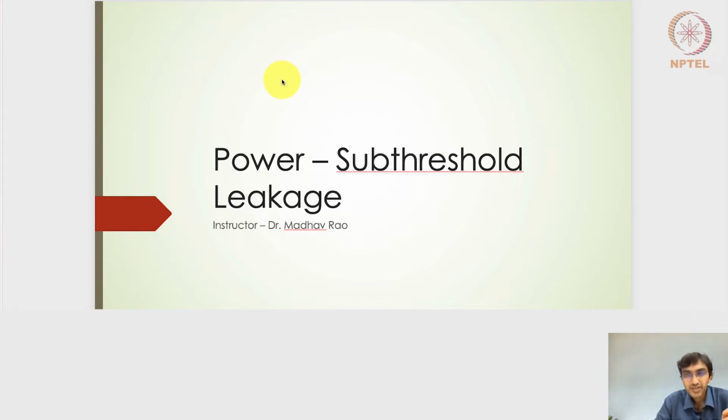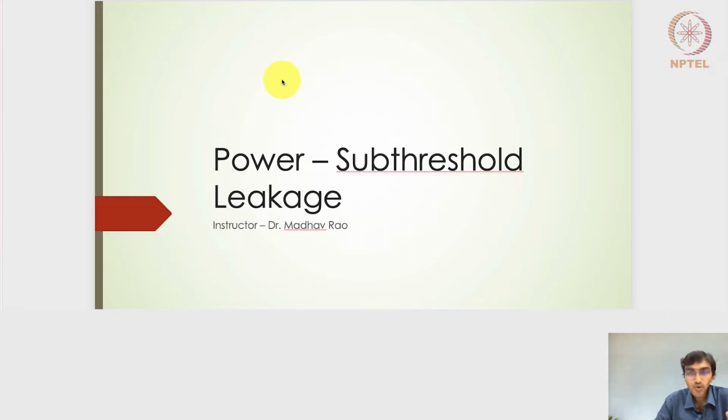There will be some leakage current coming from the junction, from the body to the diffusion node junctions, or there will be a subthreshold leakage current, which is the leakage current flowing from the drain to the source side even when the circuit is in a steady state.